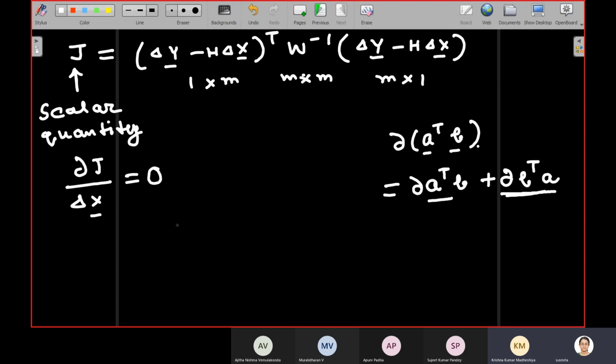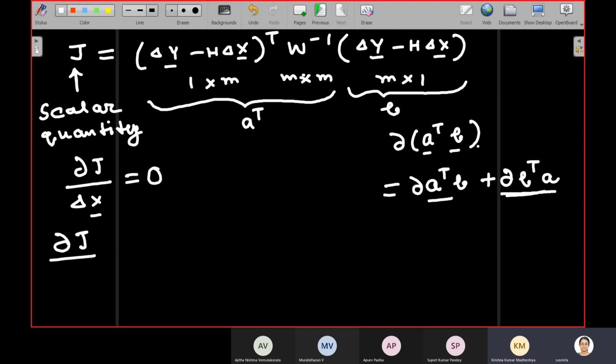The same thing here we are going to apply. So let's call this A transpose and this one is B. So del J by del delta X. Here let's put X. So first we have del A transpose by del X. So in place of del X we have to write del delta X. Right?